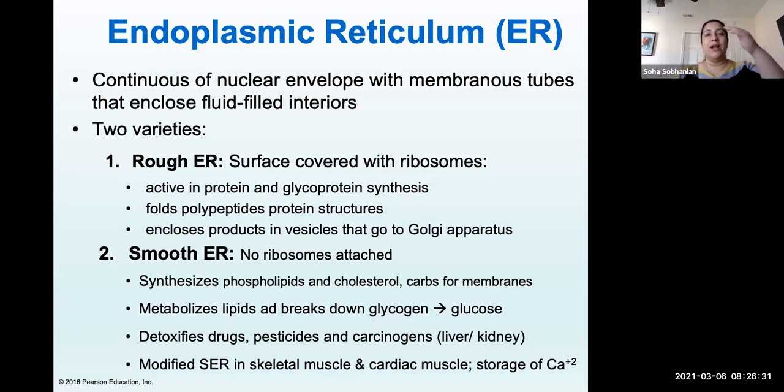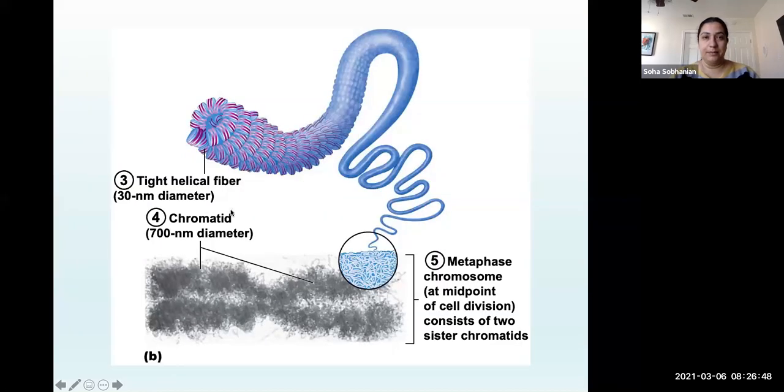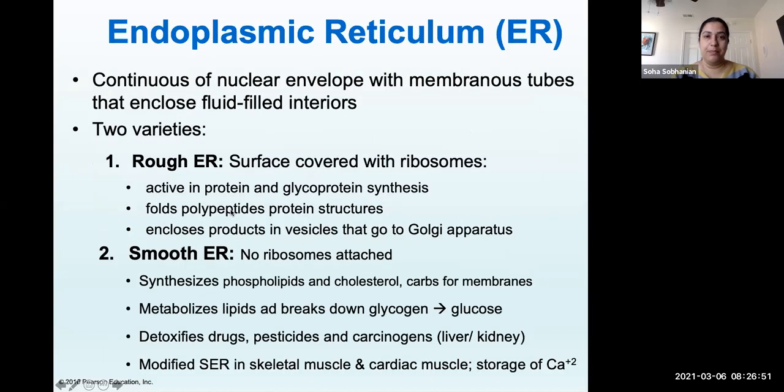So again, these are membranes that are stacked on top of each other, and they are the continuation of my nuclear envelope, as you can see in this picture again. So here's my nuclear envelope, and this is the continuation of it. If this endoplasmic reticulum that I'm talking about has ribosomes on its surface, remember the ribosomes that I said are made inside the nucleolus, then they appear as tiny dots on the surface of the endoplasmic reticulum, and it creates a roughened surface on the ER.